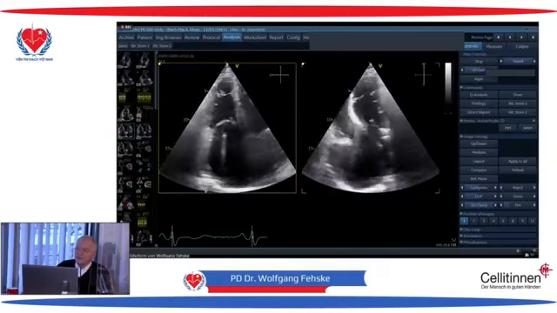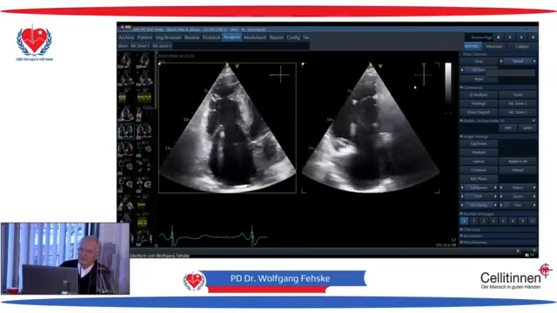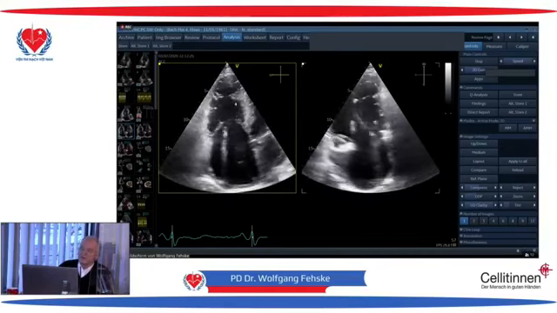And this is what Bao showed some minutes ago, that we should always go in biplane modality. This is the four-chamber view, and this is the posterior anterior view. And you see in both views, you see directly the tricuspid valve.